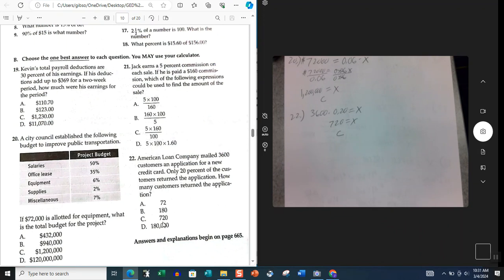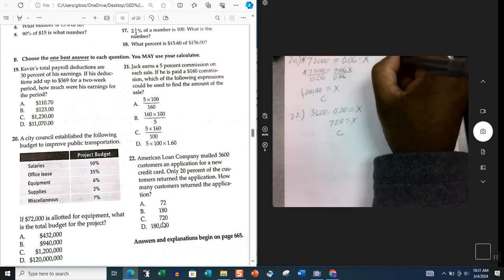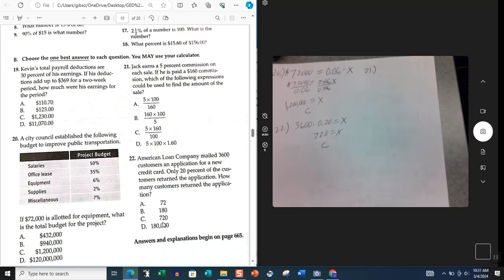Now 21, I think I want to do 21 and then I will call it the end of this exercise. It says Jack earns a 5% commission on each sale. If he is paid a $160 commission, which of the following expressions could be used to find the amount of the sale? So he earns 5% commission on each sale, and he is paid $160.